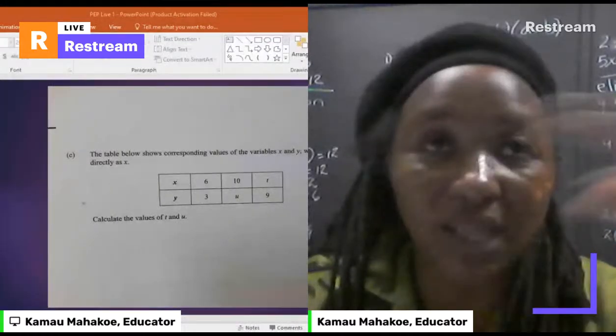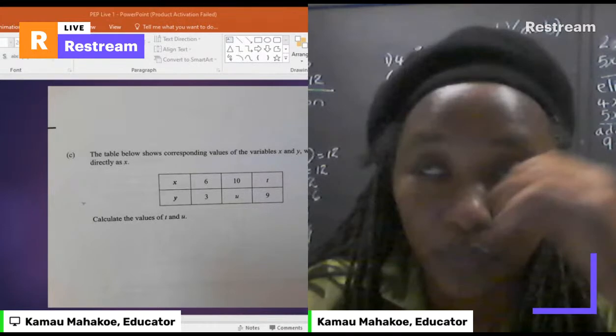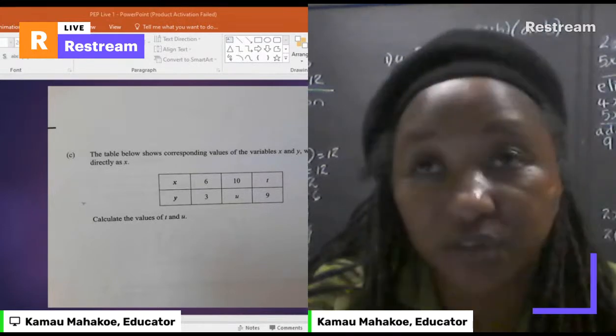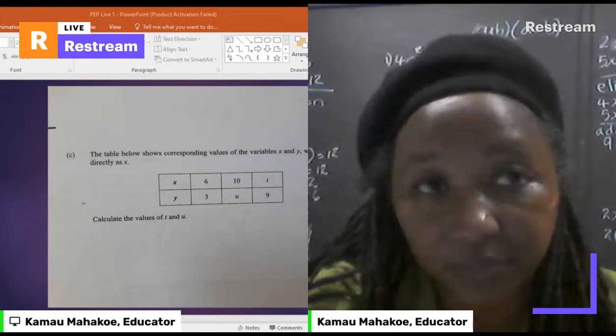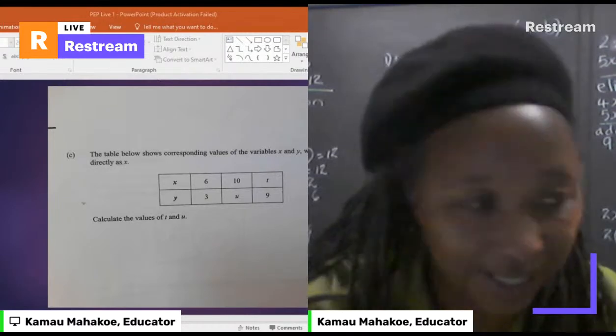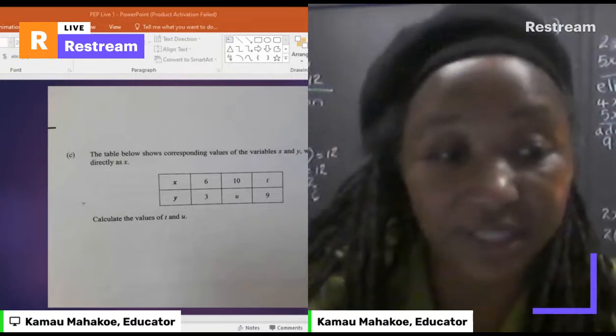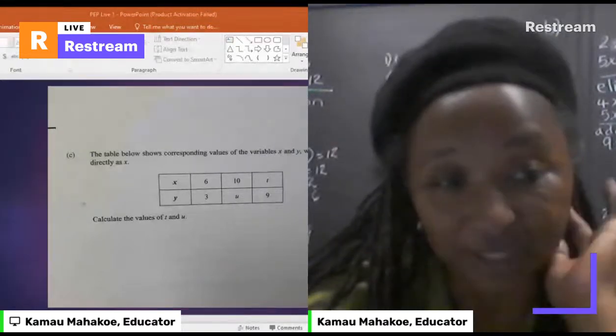When one thing varies directly as another thing, that means whatever you do to the first variable causes an action in the second variable that is consistent. So if x increases, y increases. If x decreases, y decreases. They are directly related. So they want us to calculate the values of t and u.